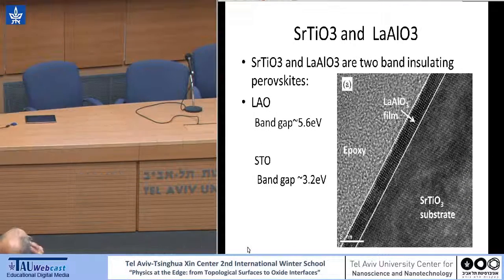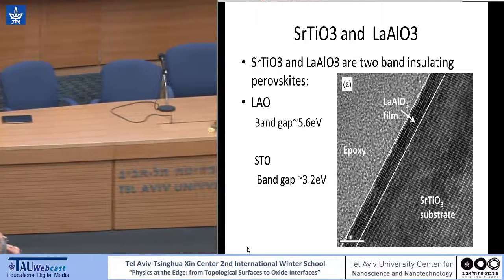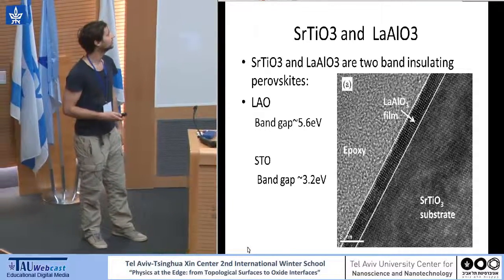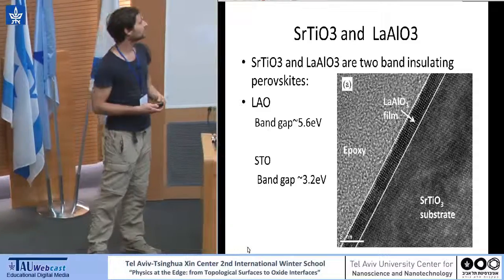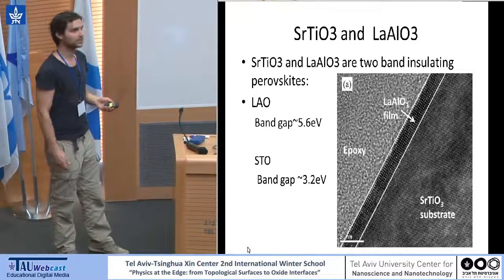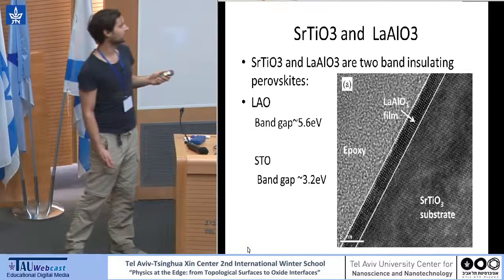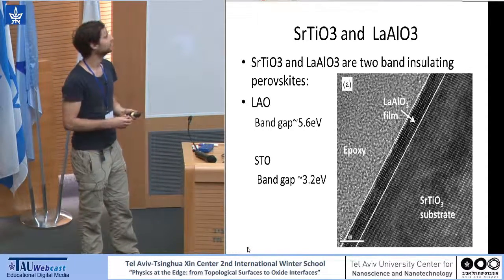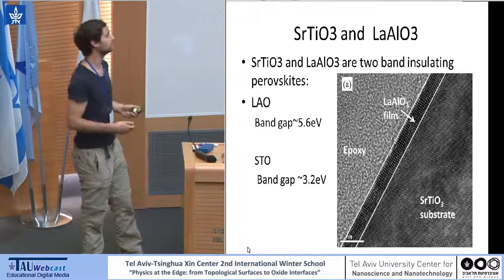So just a brief reintroduction. SrTiO3 and LaAlO3, as was mentioned earlier: LaAlO3 is an insulator with a 5.6 electron volt gap, and SrTiO3 is also an insulator. And only when you grow them epitaxially, one on top of the other, do you get the conducting two-dimensional electron gas.